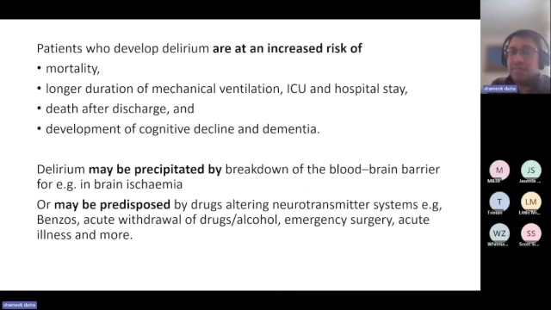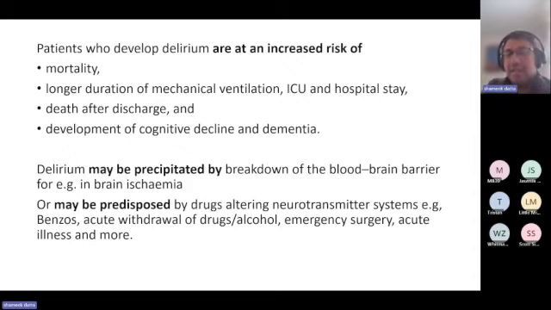Patients who develop delirium are at an increased risk of mortality, longer duration of mechanical ventilation, ICU and hospital stay, death after discharge, and development of cognitive decline and even dementia.